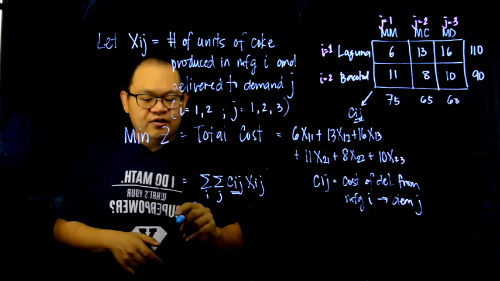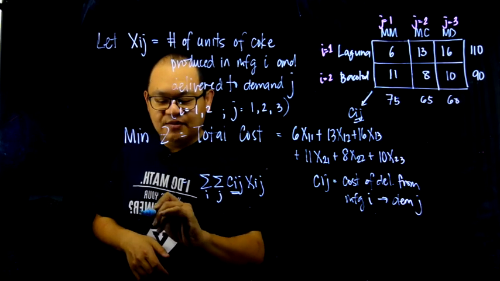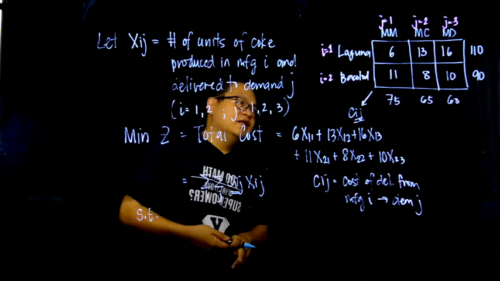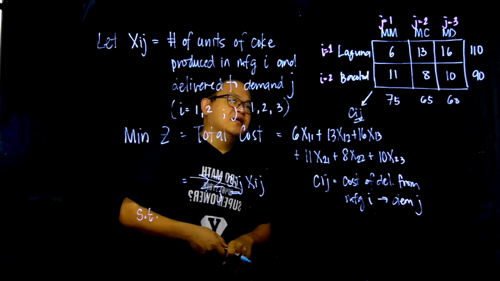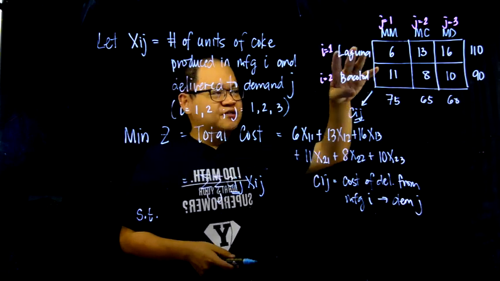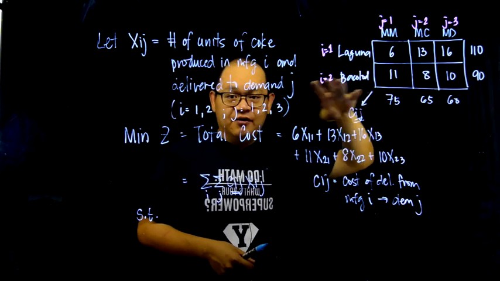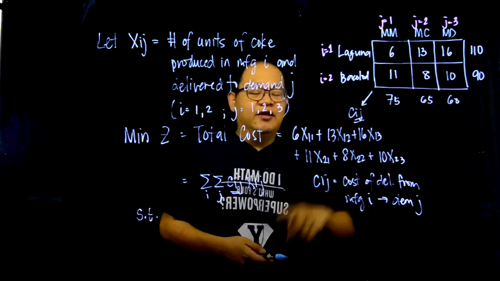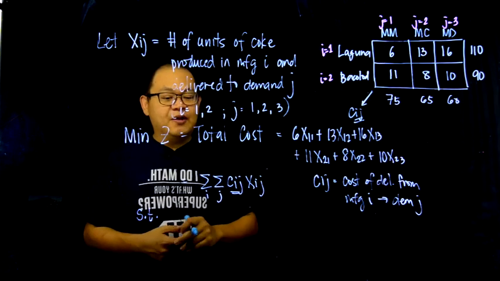Now, what about our constraints? So this is subject to. We technically have 2 sets of constraints. One set is the supply constraints, and another set is the demand constraints. Now let's start with the supply constraints.